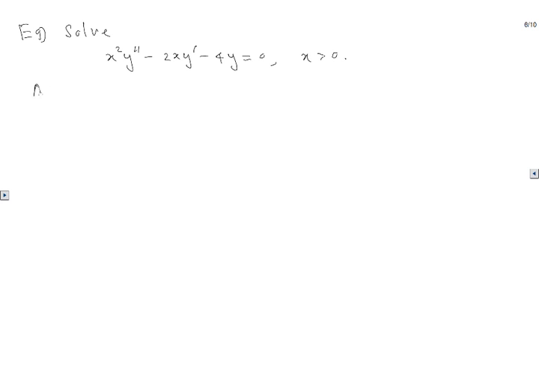You can see that here a equals 1, b equals -2, c equals -4.